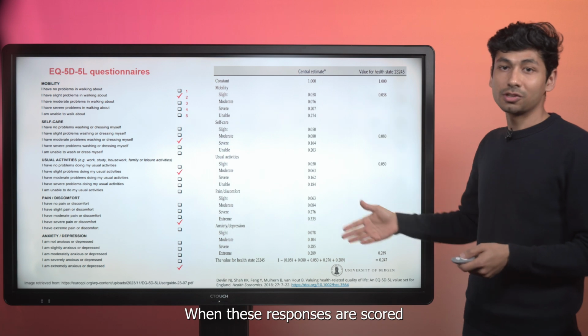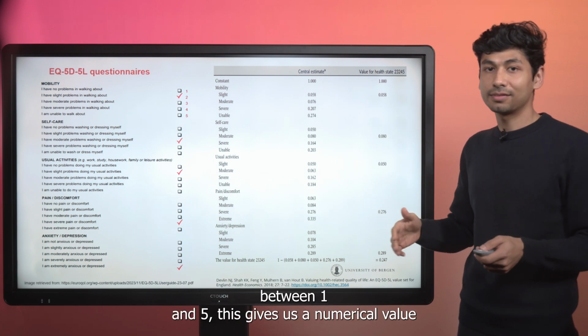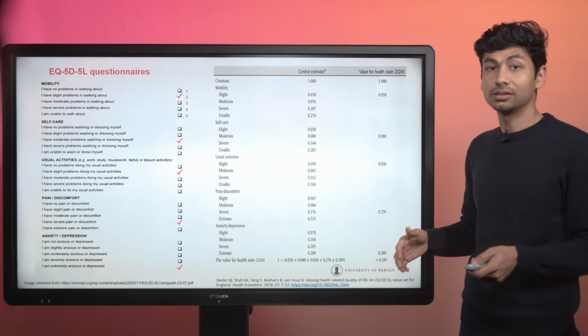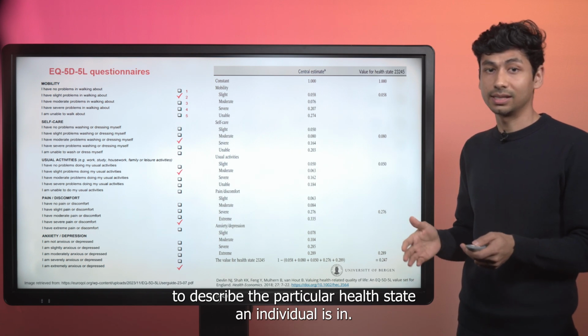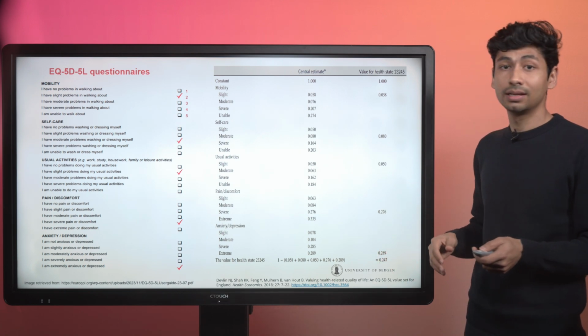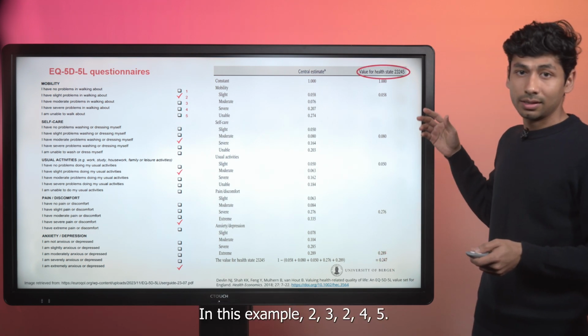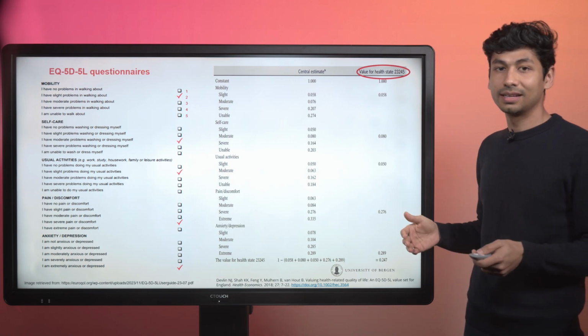When these responses are scored between 1 and 5, this gives us a numerical value to describe the particular health state an individual is in. In this example, 2, 3, 2, 4, 5.